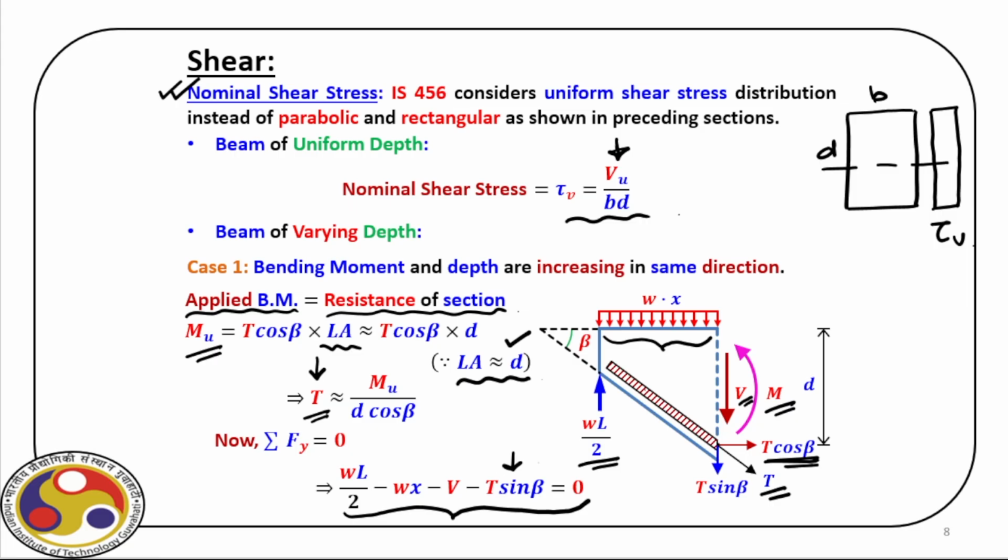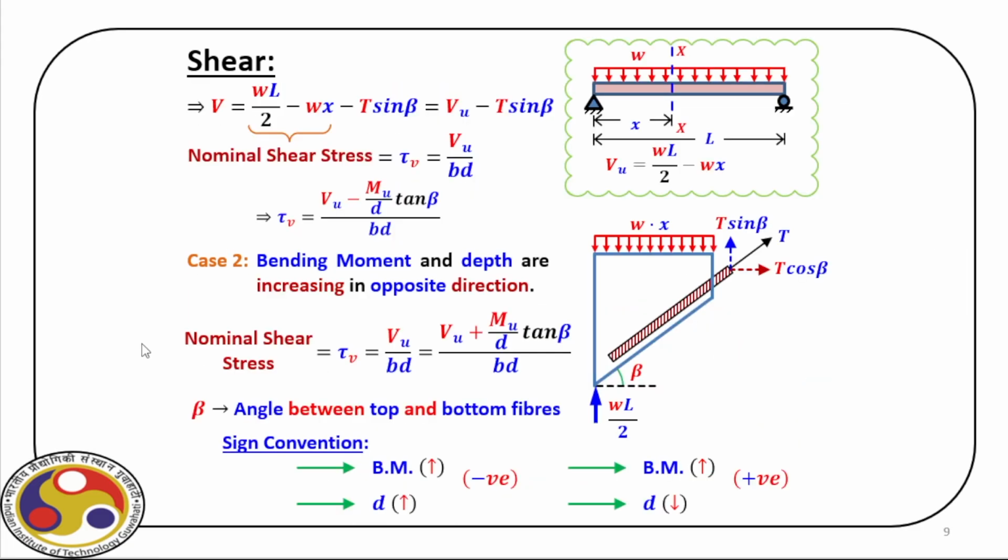So, we can evaluate the shear force acting at that particular section, and then find the nominal shear stress using this rectangular distribution over the section. First we find this Vu, then that Vu is effectively modified with this component of the force coming from the rebar, and then divided by BD.